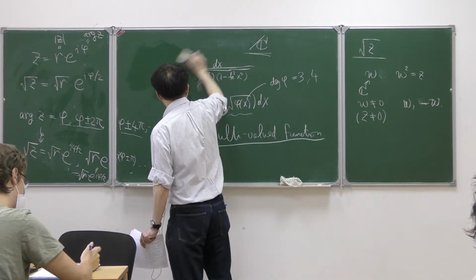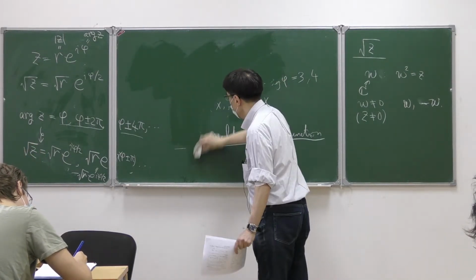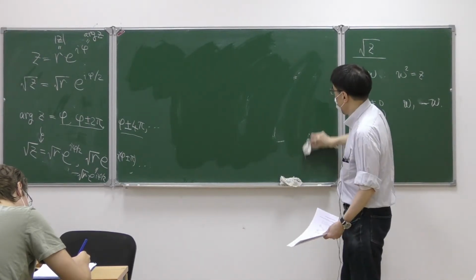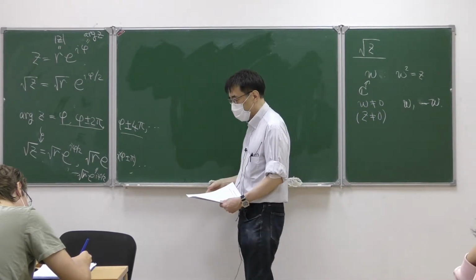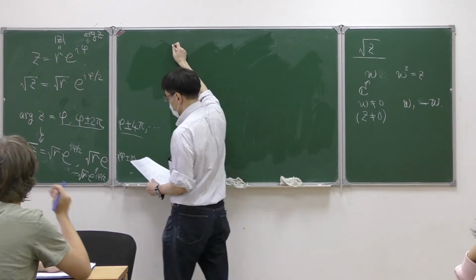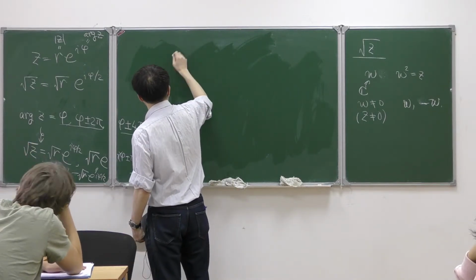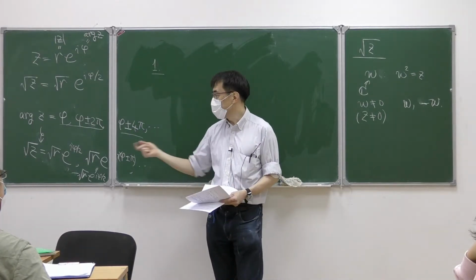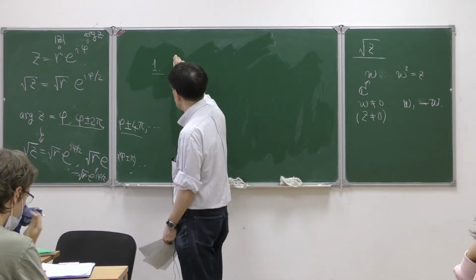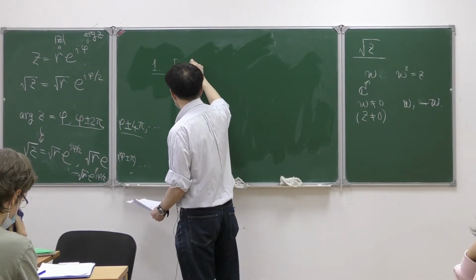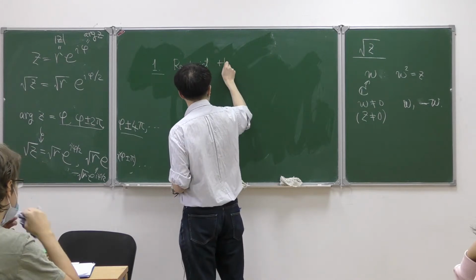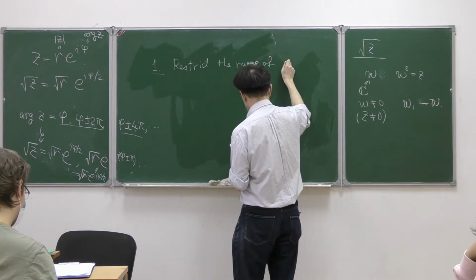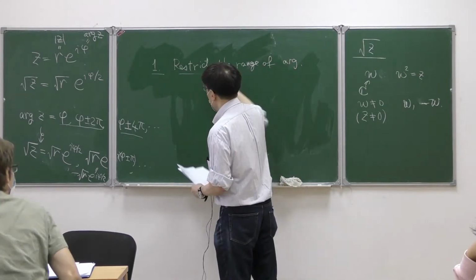So usually when we compute, for example, a complex integral in complex analysis, one solution of this ambiguity is restriction of the argument.